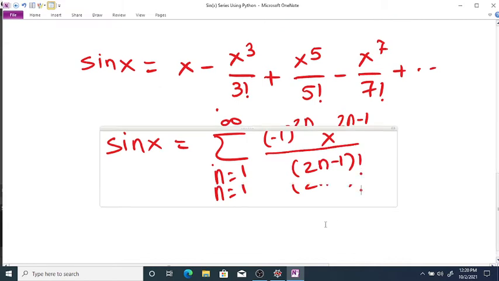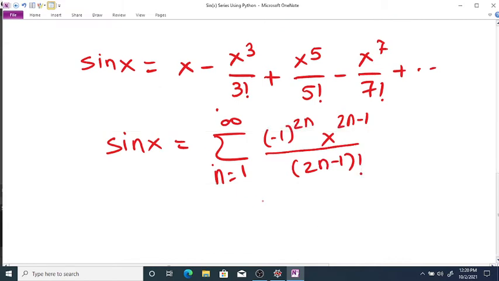If you determine the third term of this series, it is positive, then x raised to 6 minus 1, so it is x raised to 5 divided by 5 factorial. You can observe here the third term is x raised to 5 divided by 5 factorial.